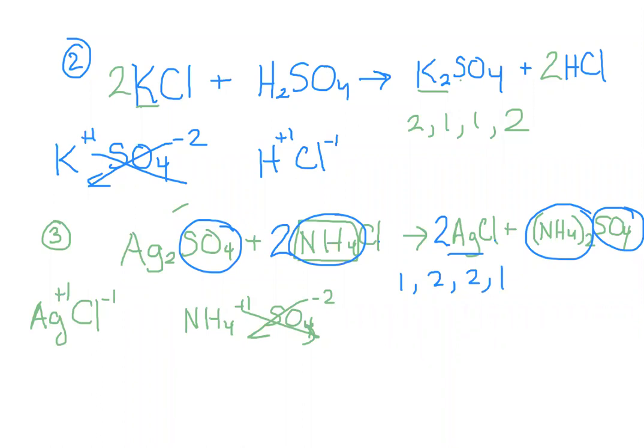Okay, one more of the double replacement. Number 4. We've got KI plus PbNO3 2. Okay, so let's see what's going to happen.